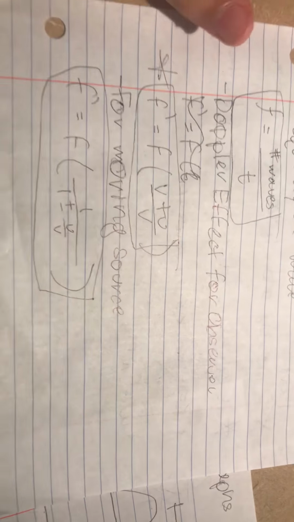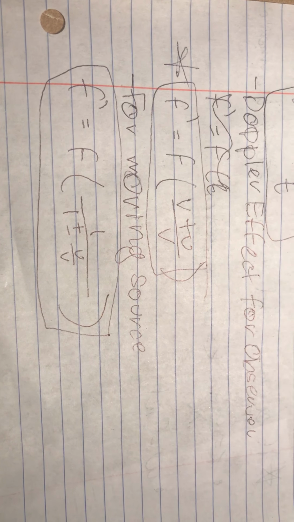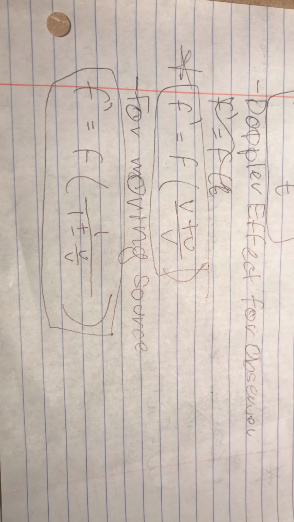And then going back to the Doppler effect, you can find it if you are the observer. It would just be f prime equals f times (v plus u) over v. And then for the moving source, f prime is equal to f times 1 over (1 plus u over v).